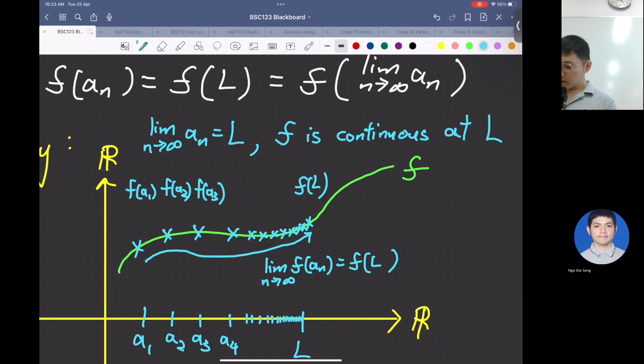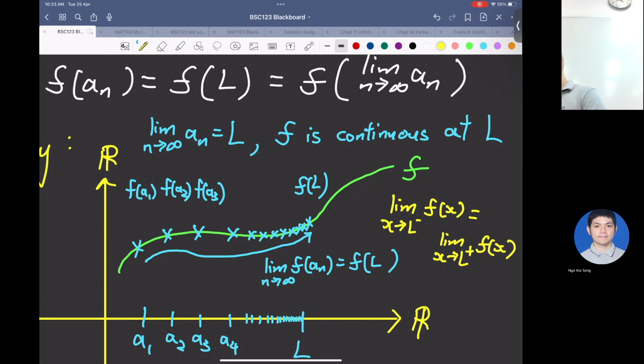So we have to go back to your definition of continuity. Let me remind you of the continuity statement. Your continuity statement has, I think, two parts.